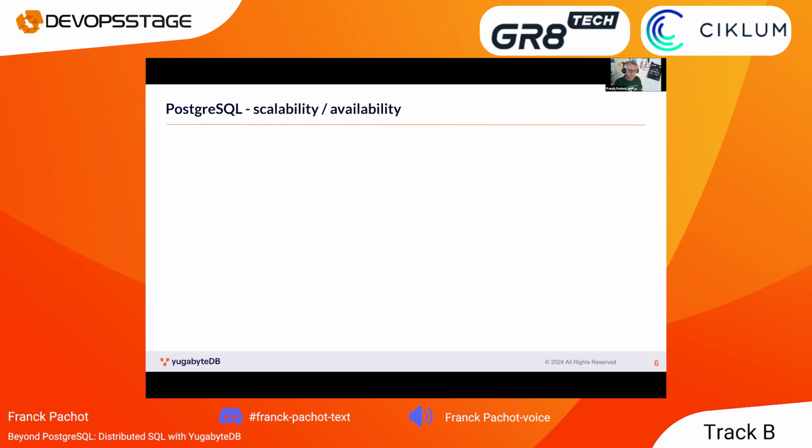Now about scalability and availability. The problem with being monolithic is that if there is any failure in those monolithic components, then all current sessions, current transactions are stopped, receive an error, and the transaction will be rolled back.